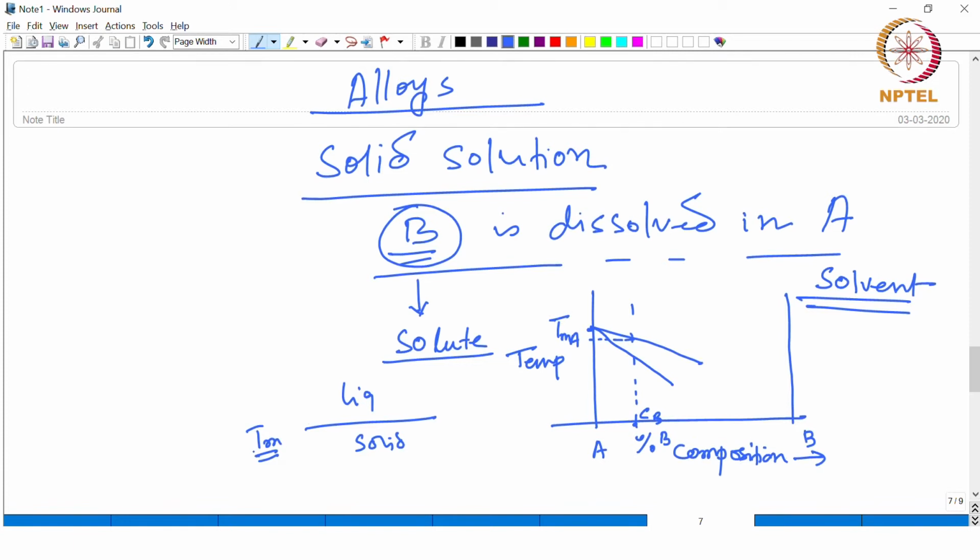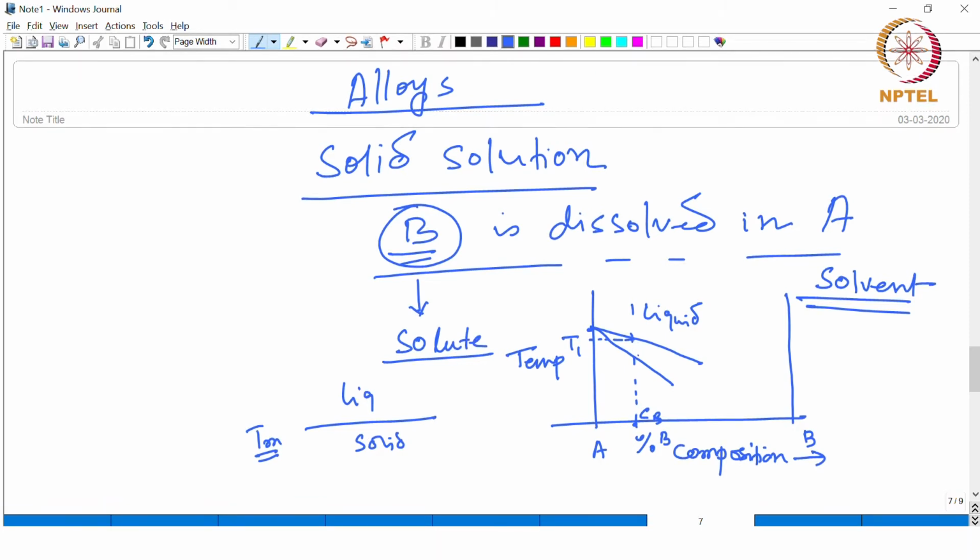But in this case you can notice that for this particular alloy having this C B composition, right, this is a liquid here, then as it crosses this temperature, let us call that as T 1, it starts to solidify.